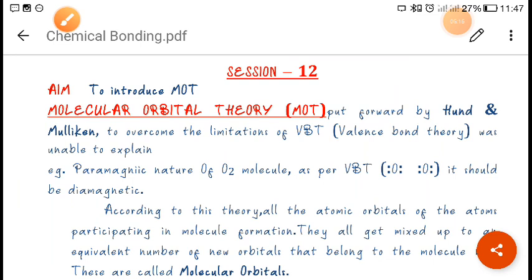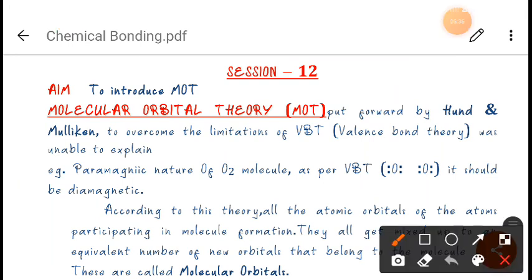Now we will see in detail. First of all, when two atoms approach each other, what will happen? Their atomic orbitals lose their identity and mutually overlap to form new orbitals called molecular orbitals.